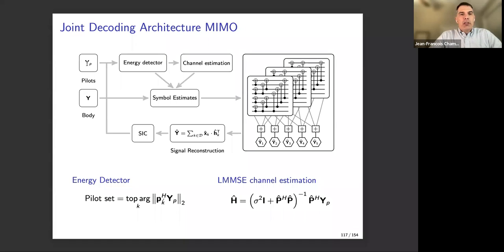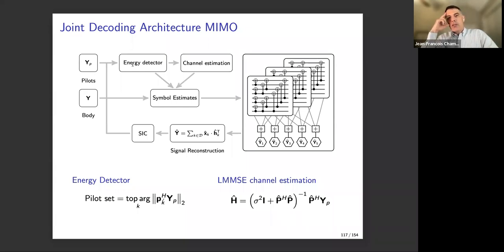So now what we're going to do at the top is divide our received symbols into two parts. We're going to keep a capital Y that has to do with all the pilots from the different users, and then a Y that has to do with all the payloads from all the users. We're going to use the pilot to do two things. We're going to use an energy detector, again, to resolve which pilot sequences are in use, in spirit very similar to spread polar.